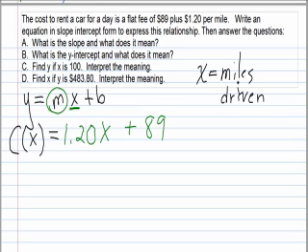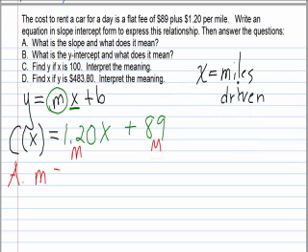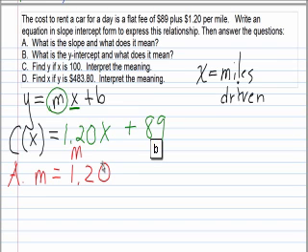So, looking at the slope and the y-intercept, what can we answer for part A? Slope is $1.20. But what does that mean in terms of change? So we want to describe this slope in the context of this problem and interpret what it really means, keeping in mind that slope means how things are changing.